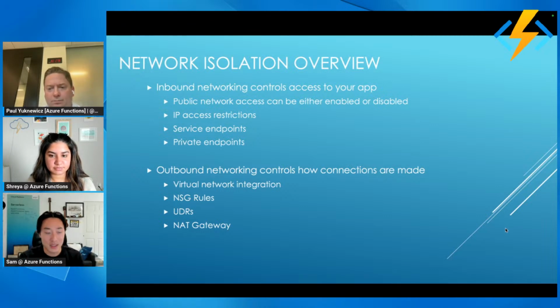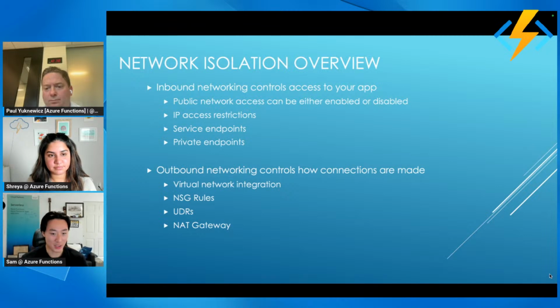So prevent certain IPs from accessing it, or prevent certain subnets to access it. Now, if you set it to disabled, what that means is no one can access your resource. And then you have to allow specific private endpoints to reach that resource, which we'll talk about in a bit.